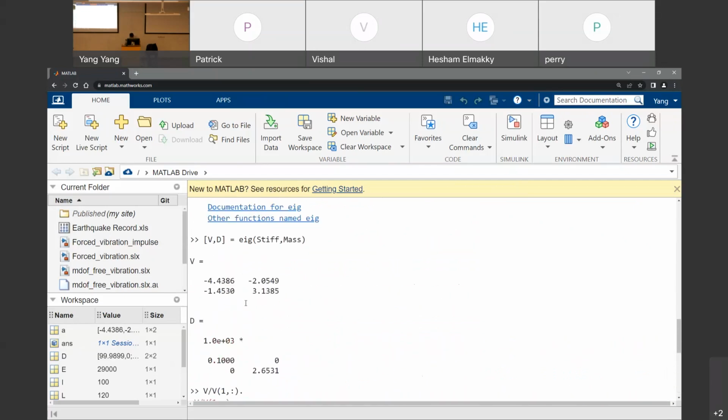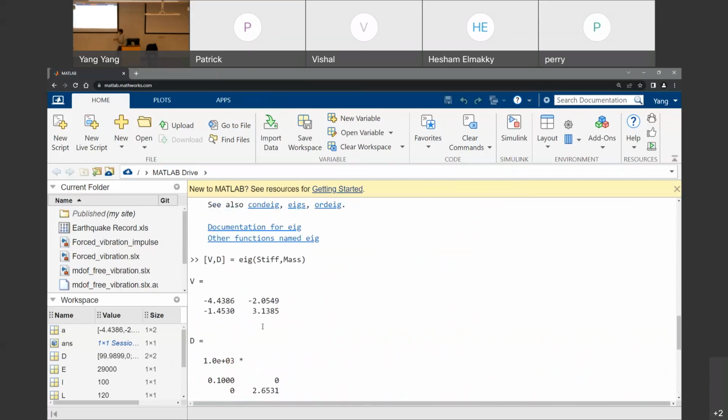You just divide all the numbers in a matrix. For example, for the first column, you divide both numbers by the first number, so you will have 1 here. Right? So you divide this one by itself and divide this one by 4.4386.